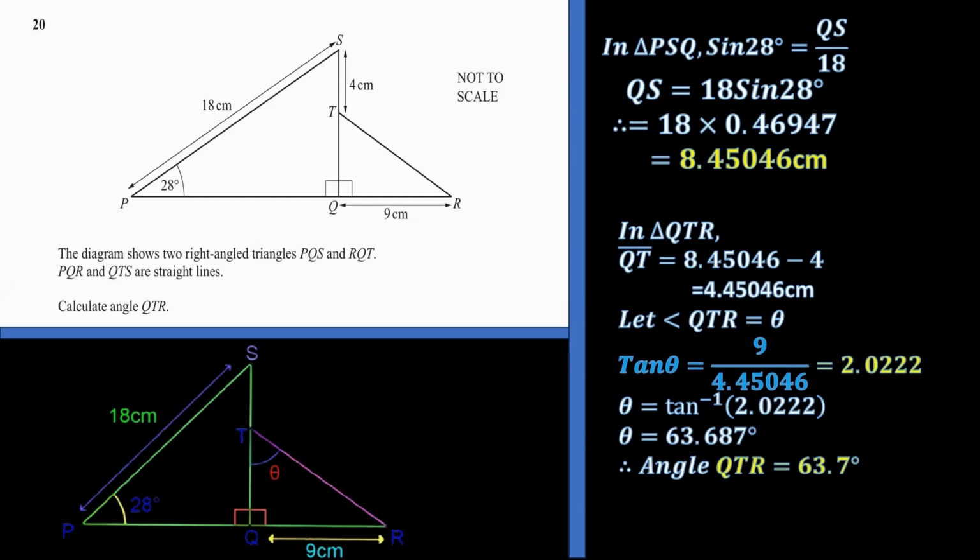QS is 8.45046, our previous work, minus 4, which is given. If you look at the diagram, TS has a value assigned to it, 4. QT, there is no value.